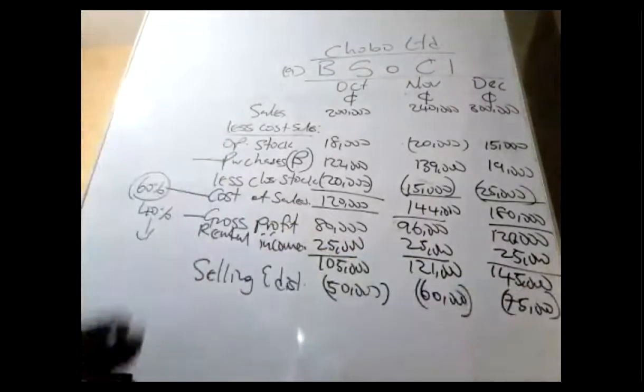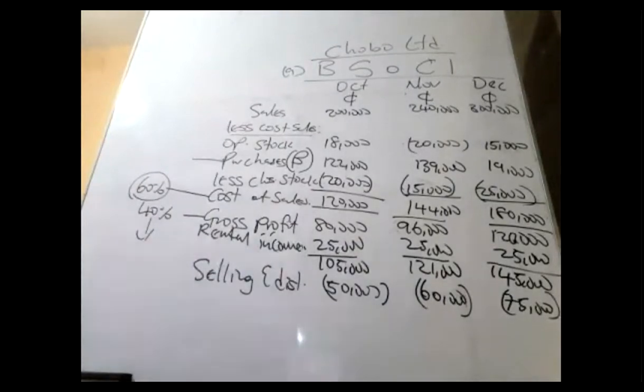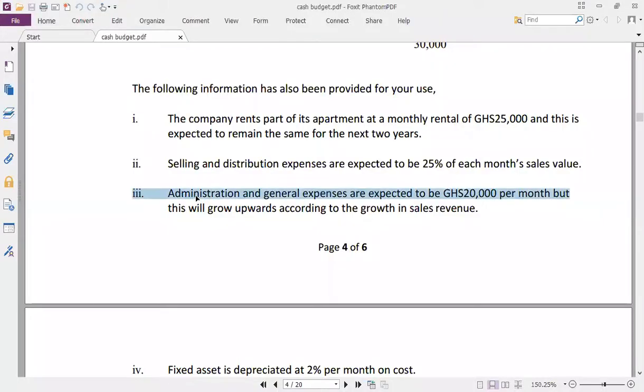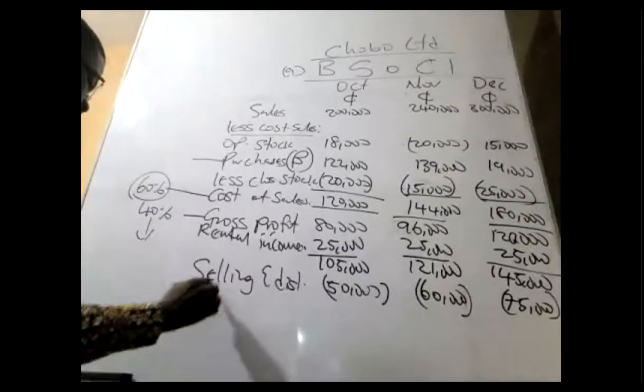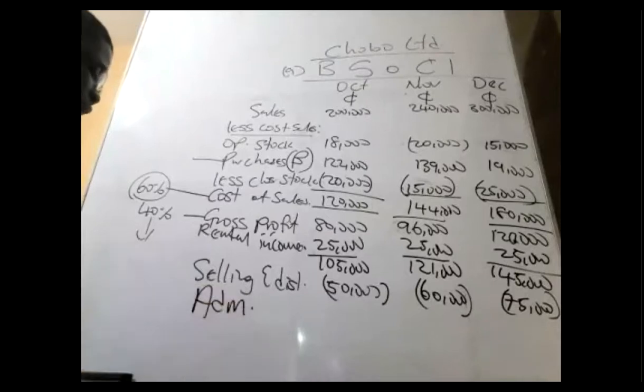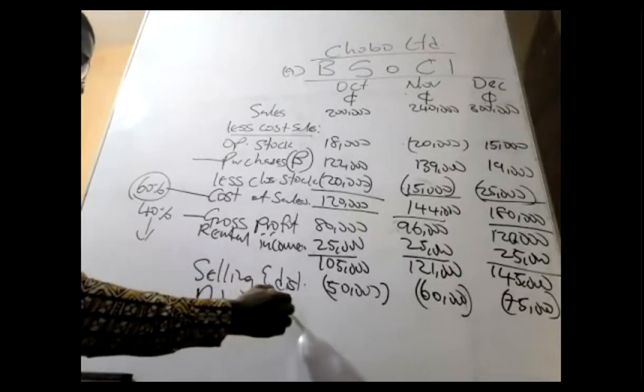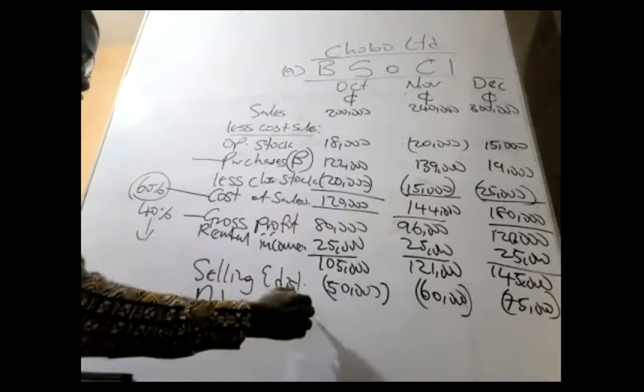Okay, let's go to admin. Next expenses are admin. Administration and general expenses are expected to be 20,000 per month. But this will go out of sales. So check admin and general expenses.